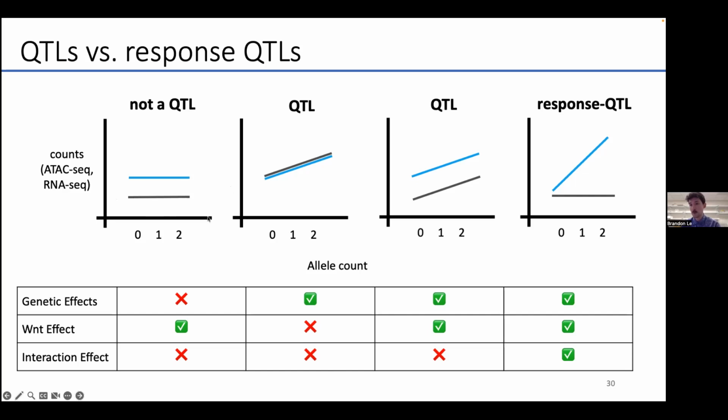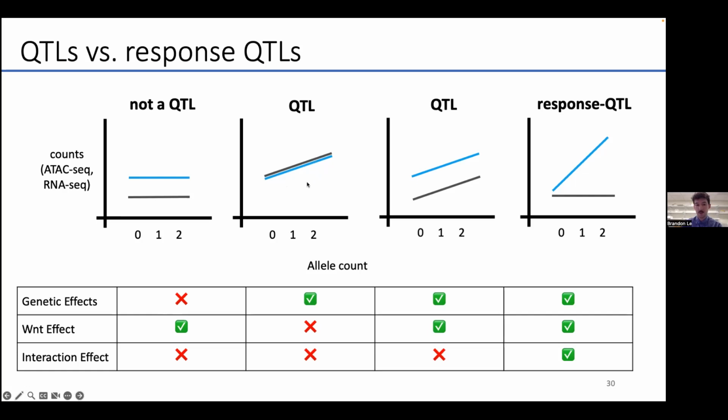It doesn't matter how many alleles you have of this variant, you still have basically the same amount of sequencing reads. And we may see that the read count goes up in the context of Wnt stimulation because this is potentially, let's say, a differentially expressed gene, but this is not a QTL. Wnt effect, no genetic effect. But we can also find QTLs where we see this additive effect of this allele.